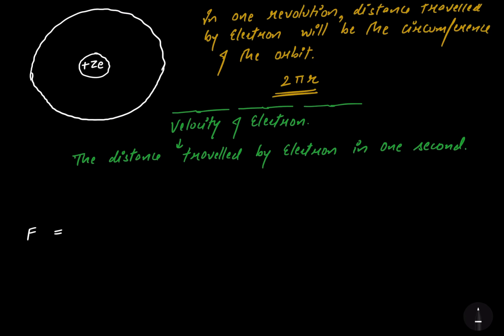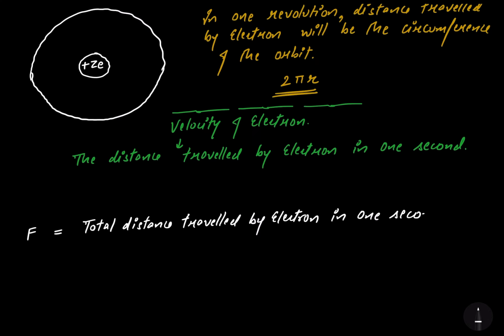So frequency will be equal to total distance traveled by the electron in 1 second divided by distance traveled in one revolution.